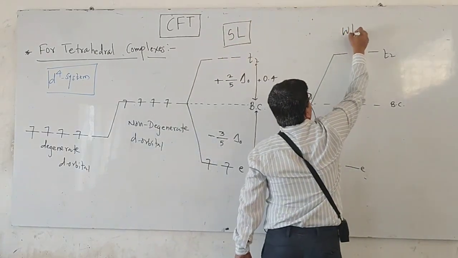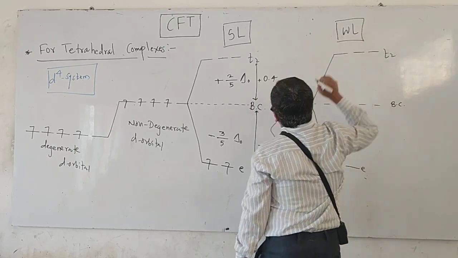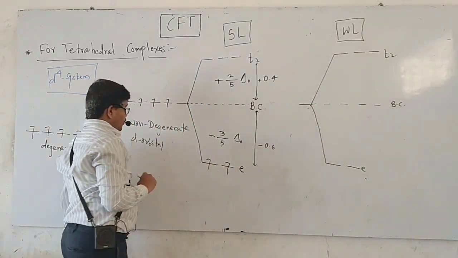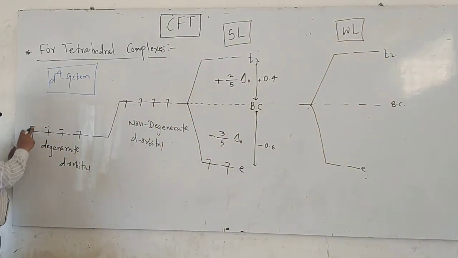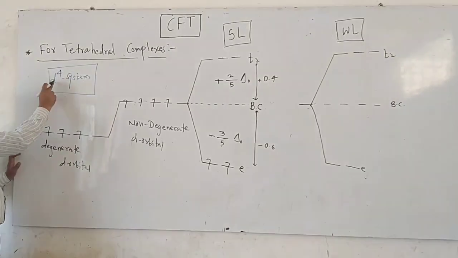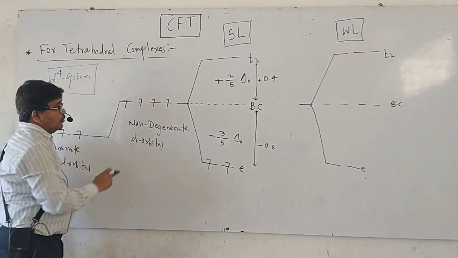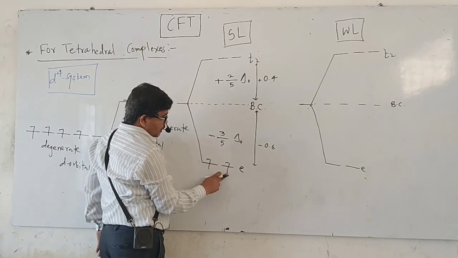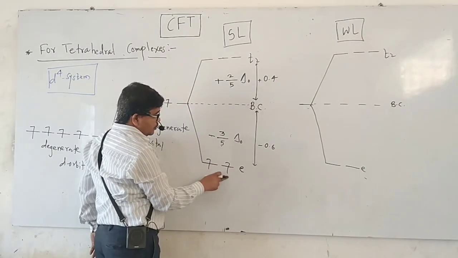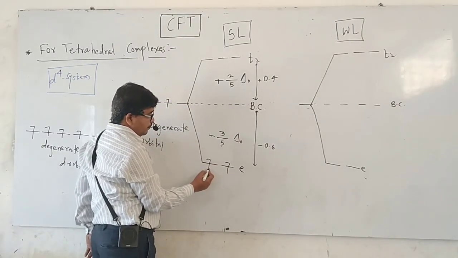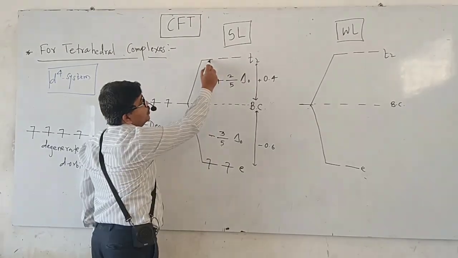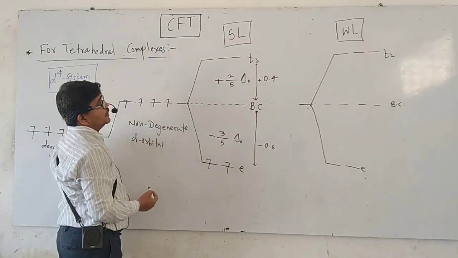And in case of weak ligand, what will happen? Now, we have to fill 4 electrons because we have considered D4 system. Out of 4 electrons, 2 electrons are filled. Now, will the third electron do pairing or go in the T2? That we have to decide.